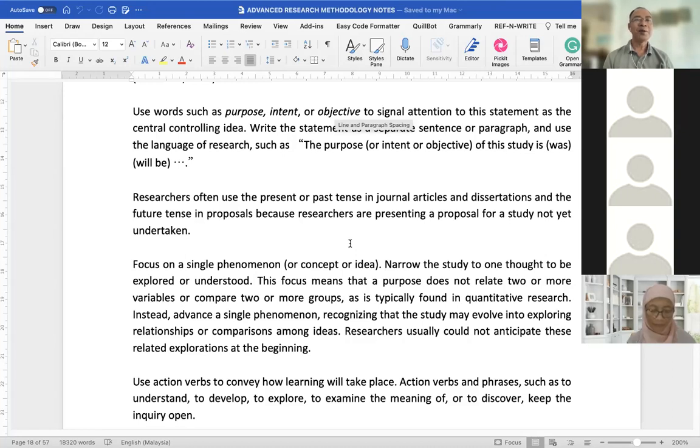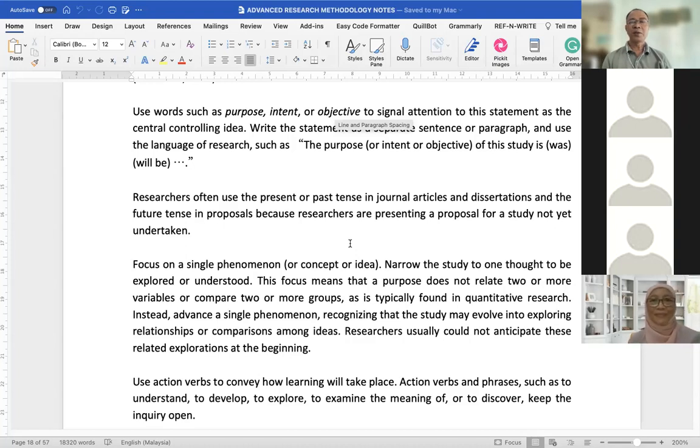Maybe you add one or more new variables that are significant that have not been studied before. So that's contributions of your study to theory.